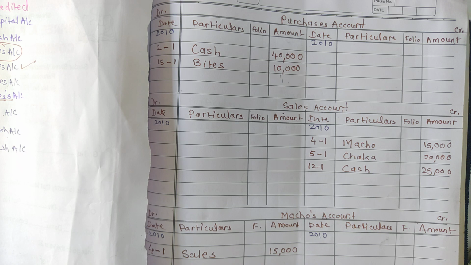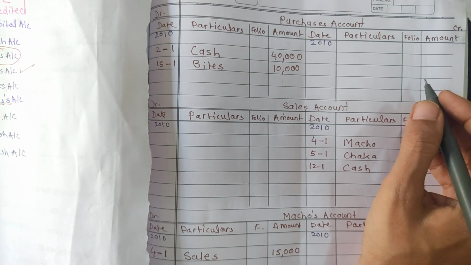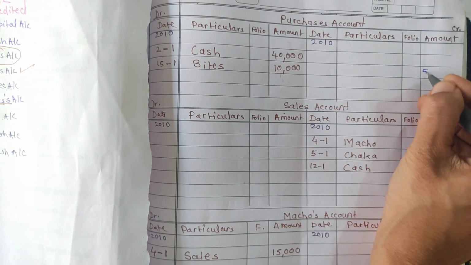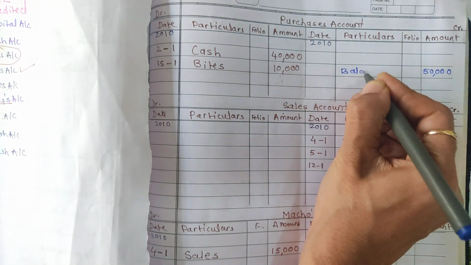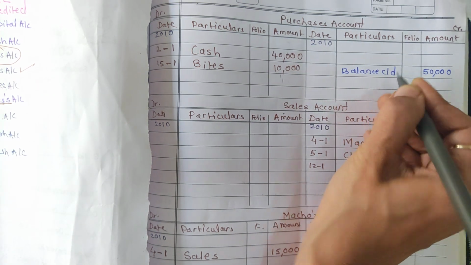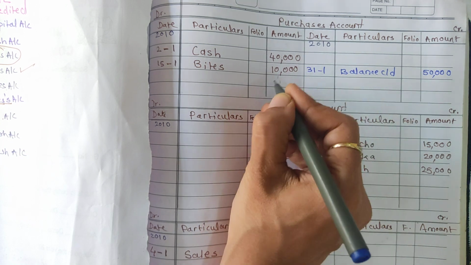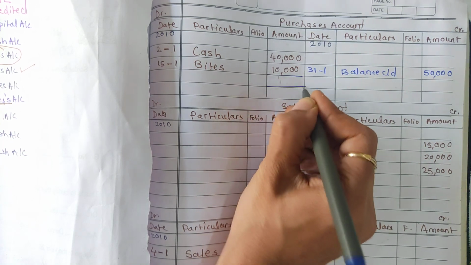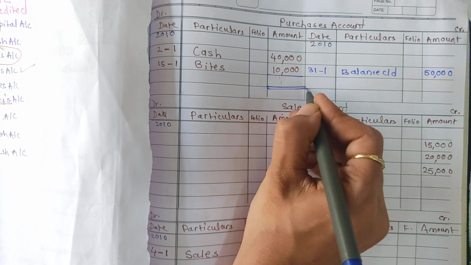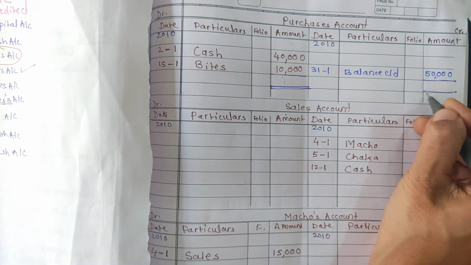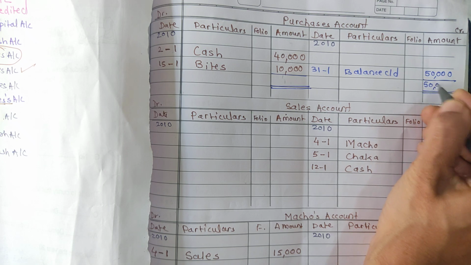That balance we have to write down on the smaller side. So here you write 50,000 on the credit side. We will call it balance carried down, and give the last date. Then the total we have to write down on both sides, that is 50,000.